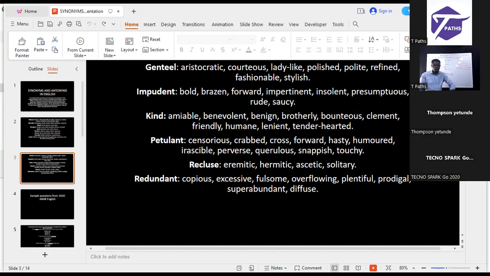So you too have to up your game by reading some very advanced material, books as well, in order for you to come across some of these words. And I told you what to do last time. Read magazines, read newspapers, read novels. These are materials that can help you come across some of these words and how they are used.